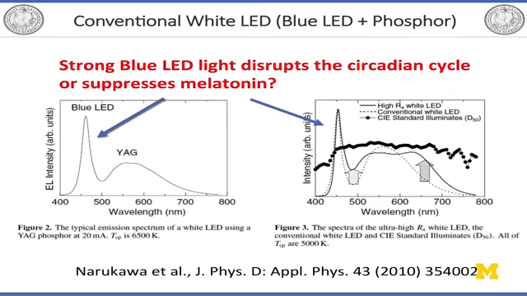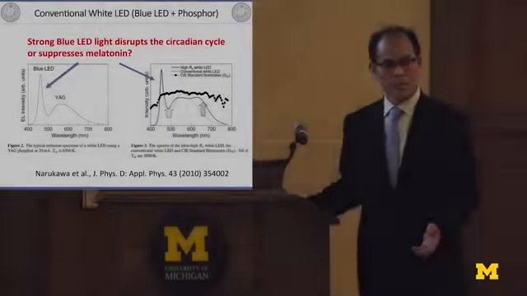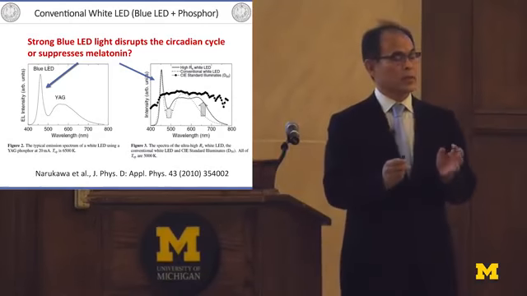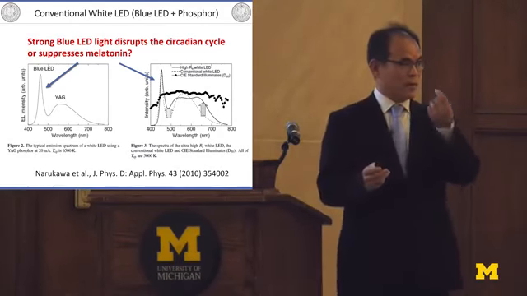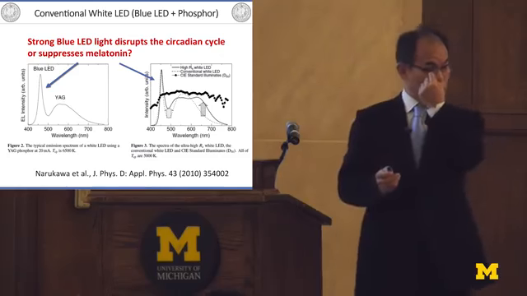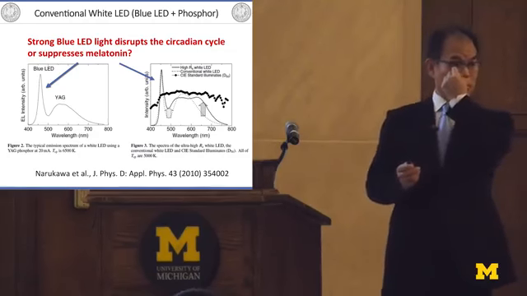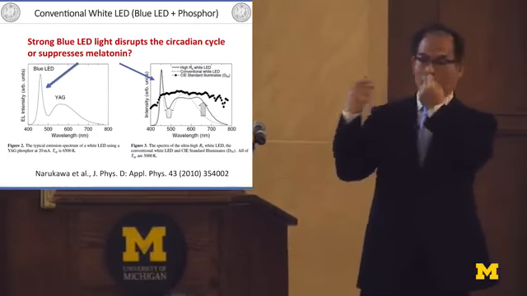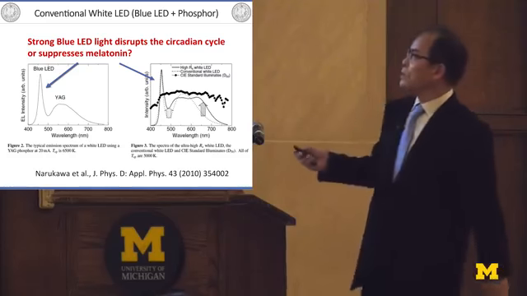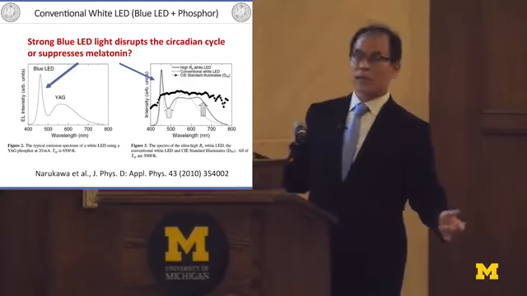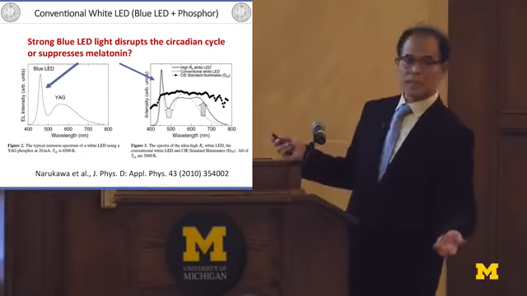Strong blue LED light disrupts the circadian cycle or suppresses melatonin. Melatonin is a very important hormone for humans. But when strong blue light comes through the eye, the hormone melatonin is reduced. This disrupts the circadian cycle.